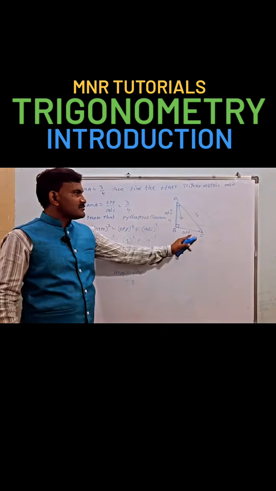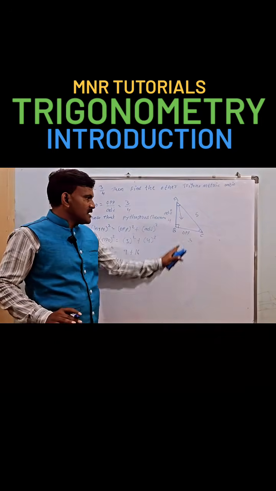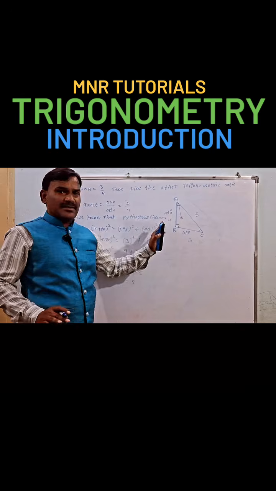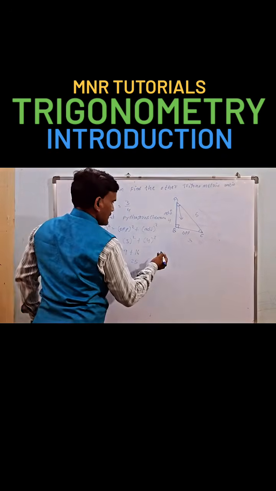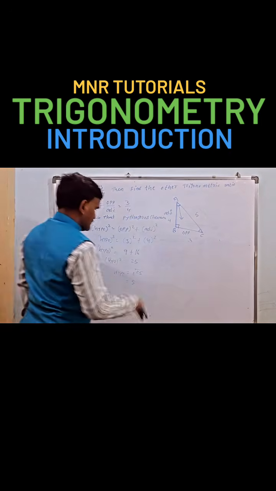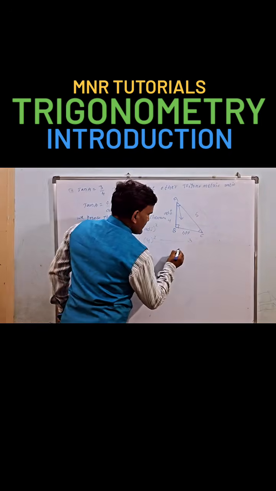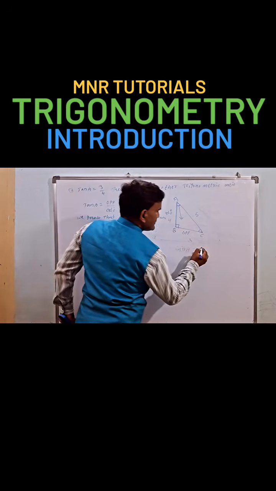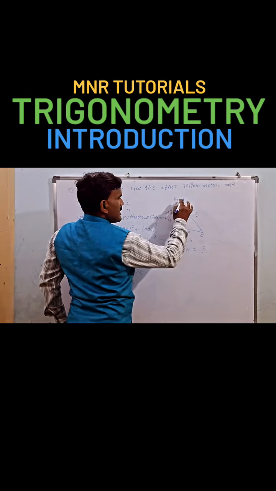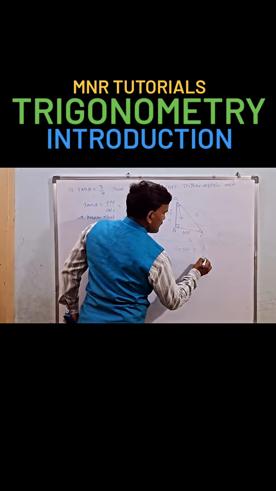Now the three values are given: hypotenuse, opposite, adjacent. Find the other trigonometric ratios. We know sin A is opposite side 3 by hypotenuse 5.